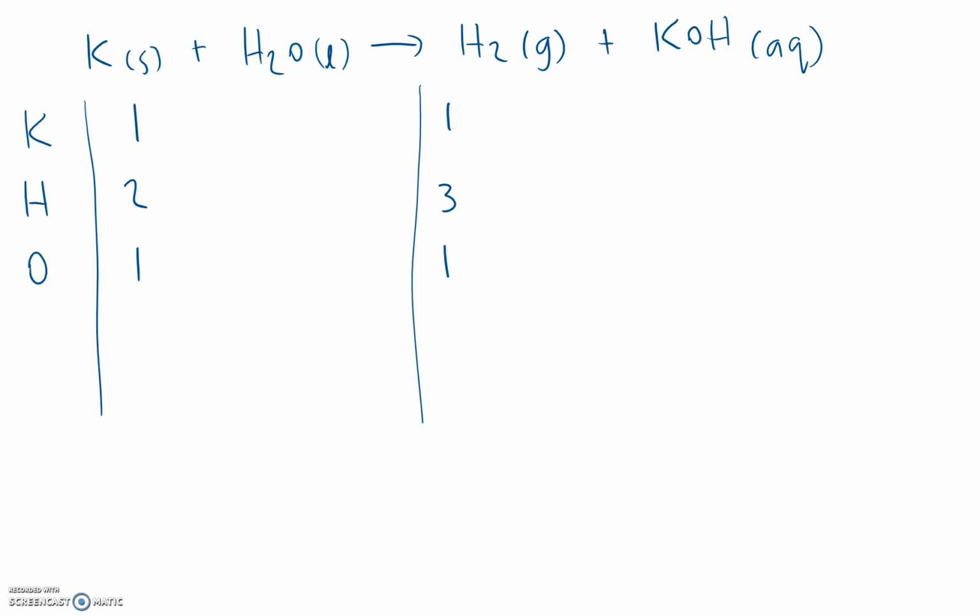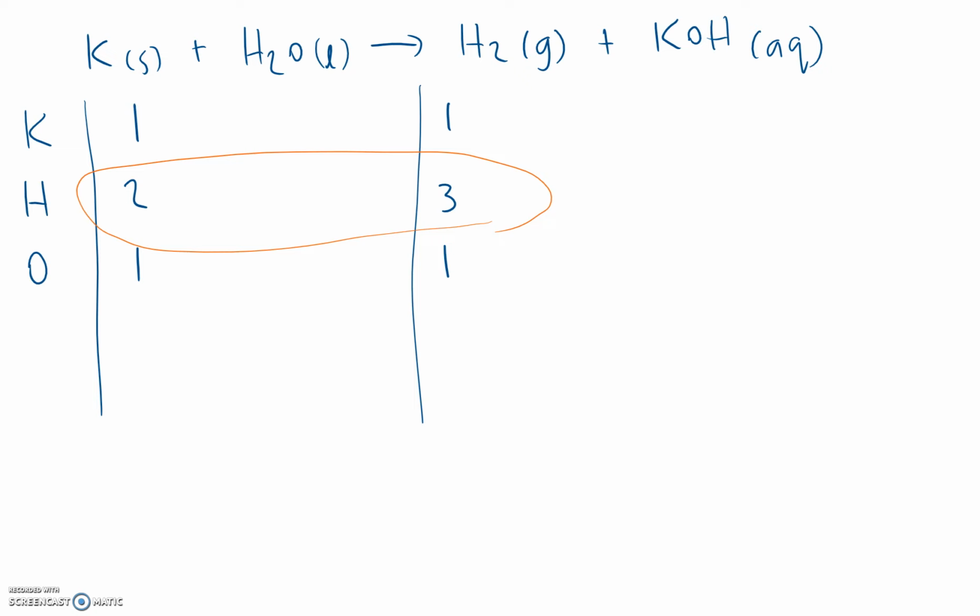And then I have a look and I can see instantly that this equation isn't balanced because there are two hydrogen on the left and three hydrogen on the right. So what I do is I look at the side of the equation that has the least hydrogen atoms and I increase these. That's my first step.